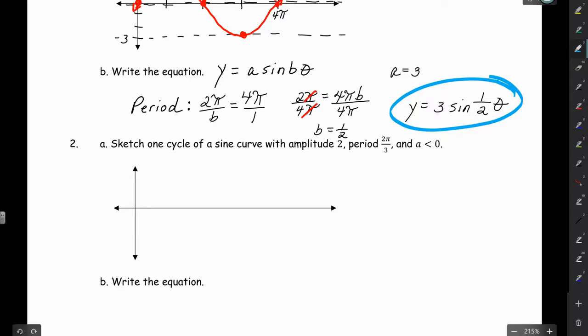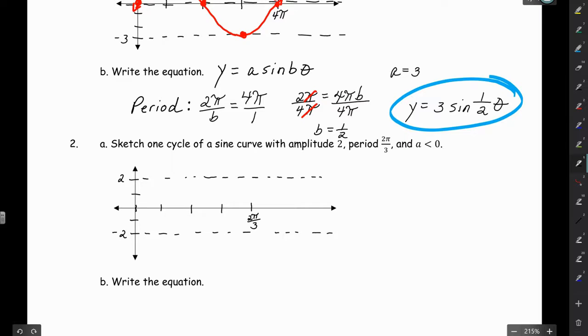For number 2, we know that the amplitude is 2. So we know we're going to go up 2, and we're going to go down 2, and that's going to be the max of our graph and the minimum of our graph. The period ends at 2 pi over 3, and we have a 5-point pattern. So 1, 2, 3, 4, 5, ending at 2 pi over 3.